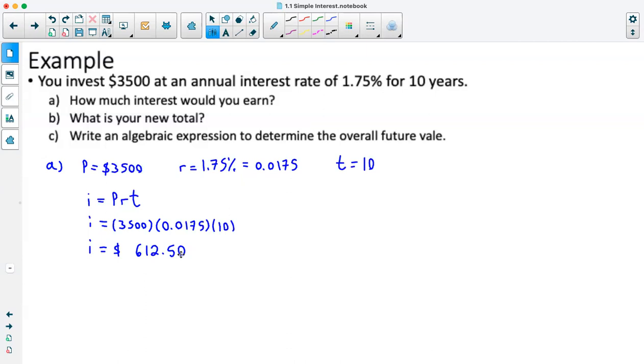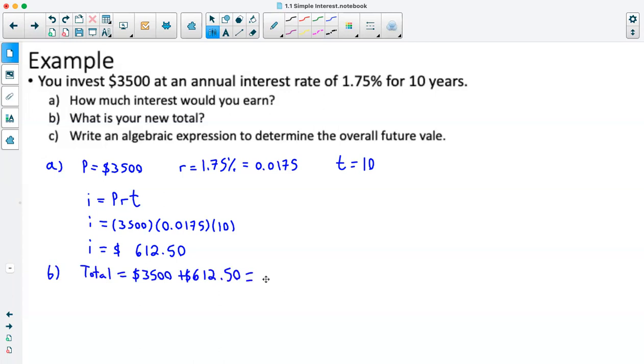Okay, so that is part A. The interest earned was $612.50. Part B is what is our new total. So this is how much interest we have earned. So our new total would equal how much we initially invested, so 3,500 plus $612.50.